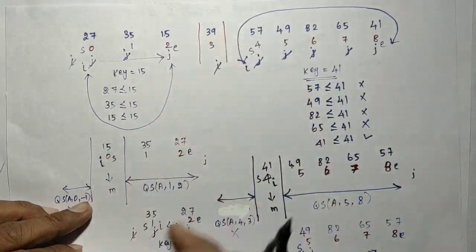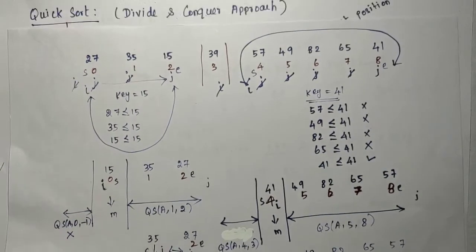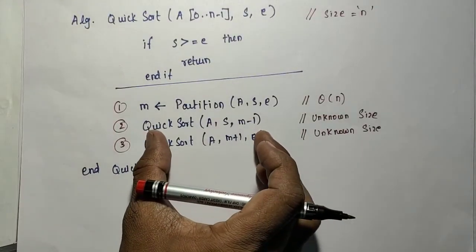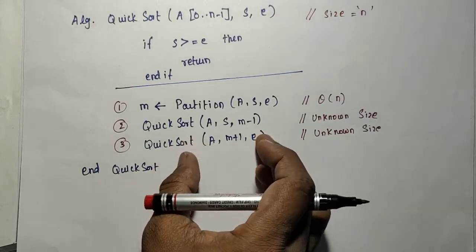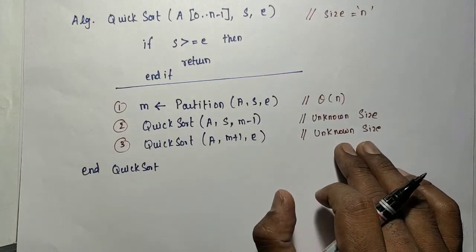We don't know the input element values, or which element is going to be chosen, so we cannot analyze the complexity directly. It depends on the input elements. That is why the recursive call size is considered an unknown size.